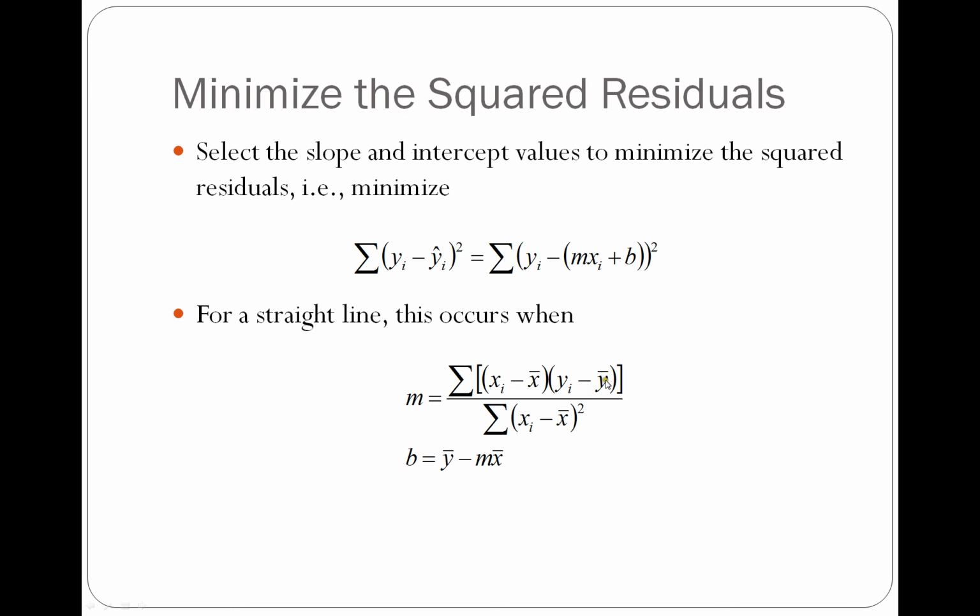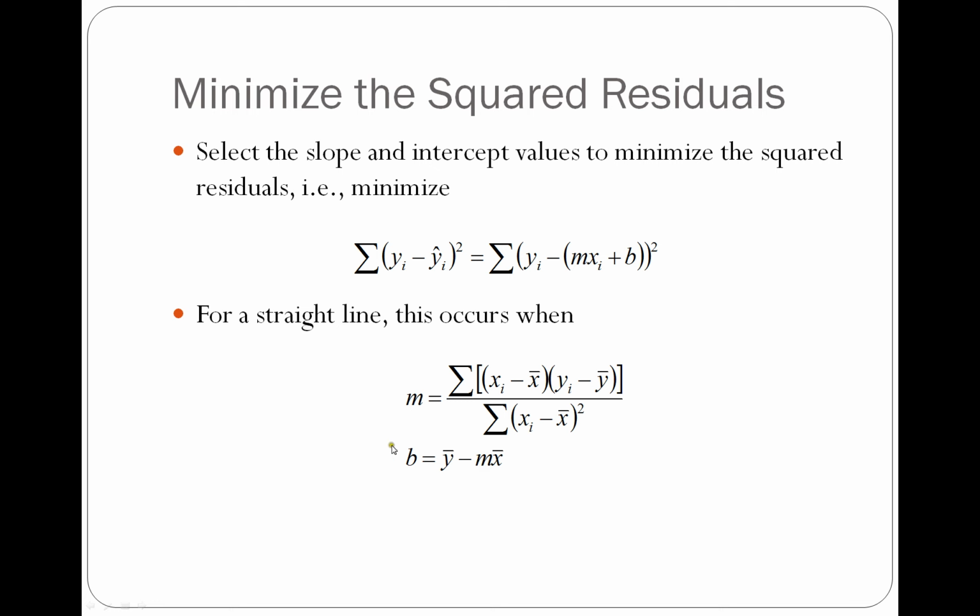We add all of those up and then divide by the squared difference between all of the input values. And we sum all of those up, take the quotient of the two of them. That provides our best fit slope, which minimizes the squared residuals.